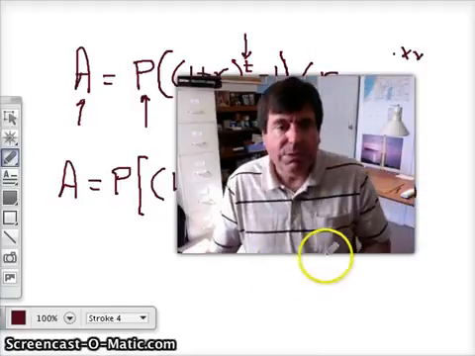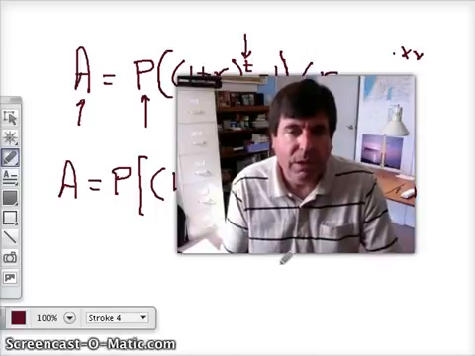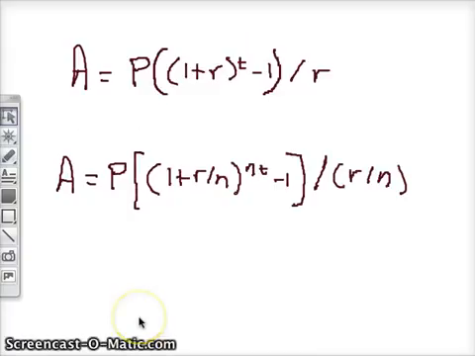We're going to use these formulas over and over in our work. So let me point out again these two formulas, the top formula and the bottom formula. And remember, P is the amount of your periodic deposit, whether yearly or monthly.